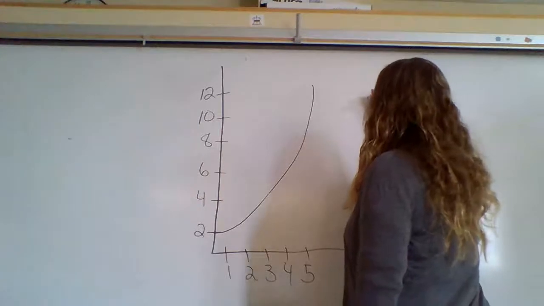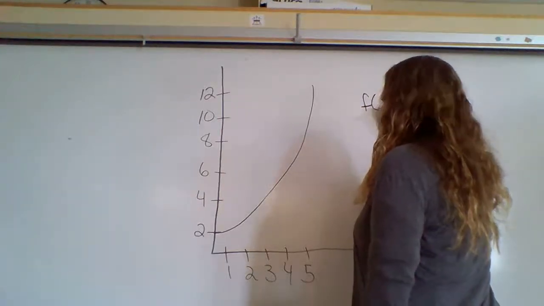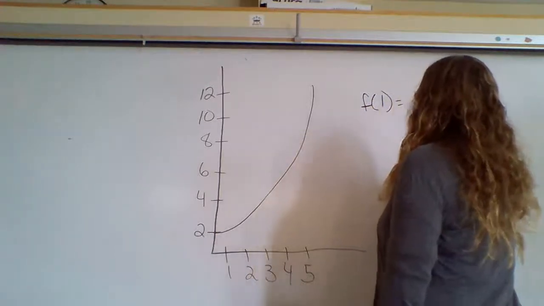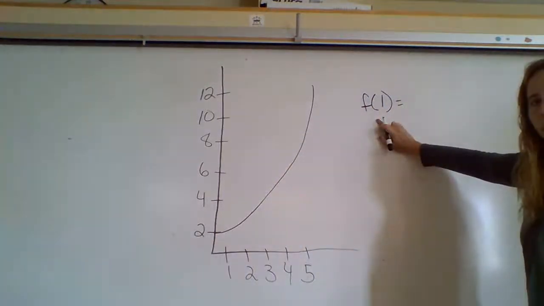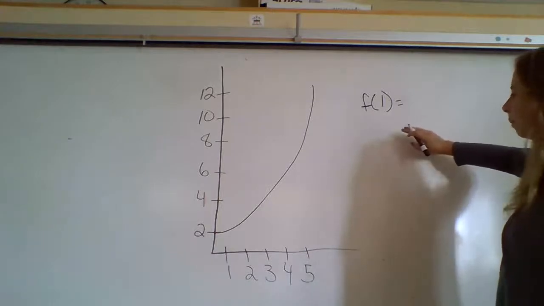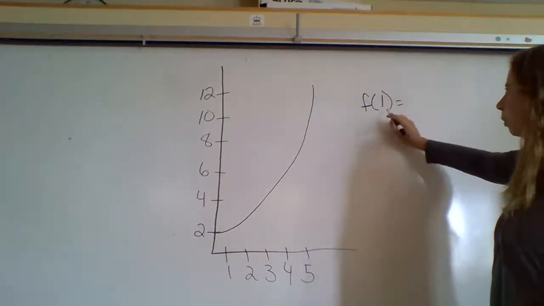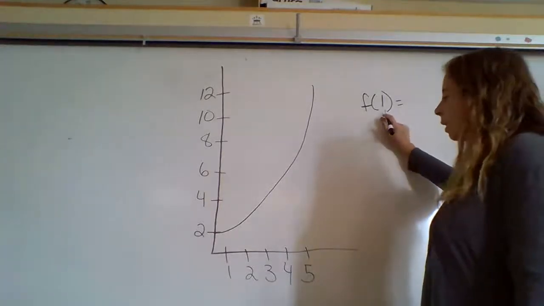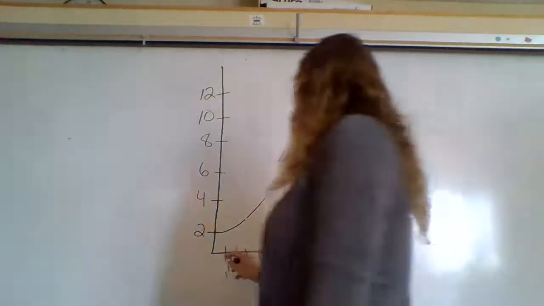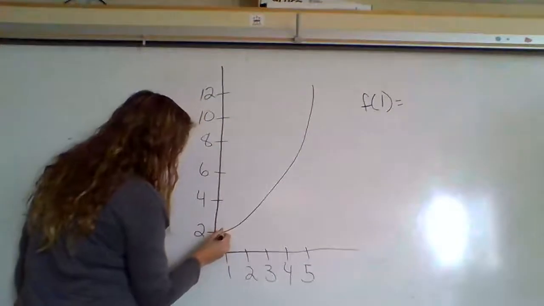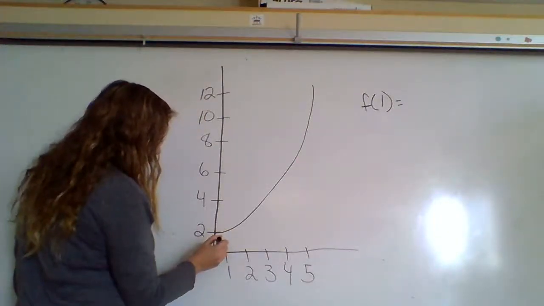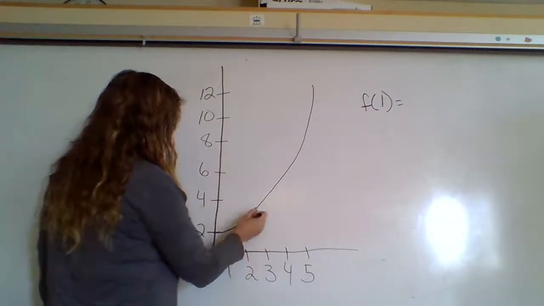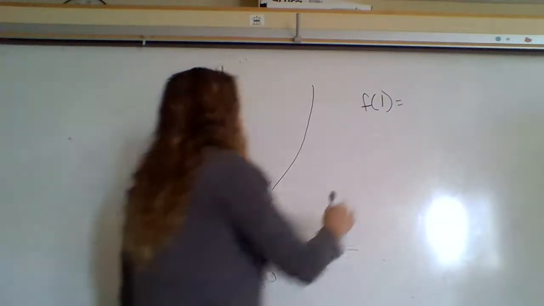So if I'm asked to find f of, let's say f of 1, and it wants me to figure out what that is. That means I'm going to substitute, or sorry, I don't have an equation. That means I'm going to look at when x is equal to 1, what is y? Actually, I'm going to do that point.